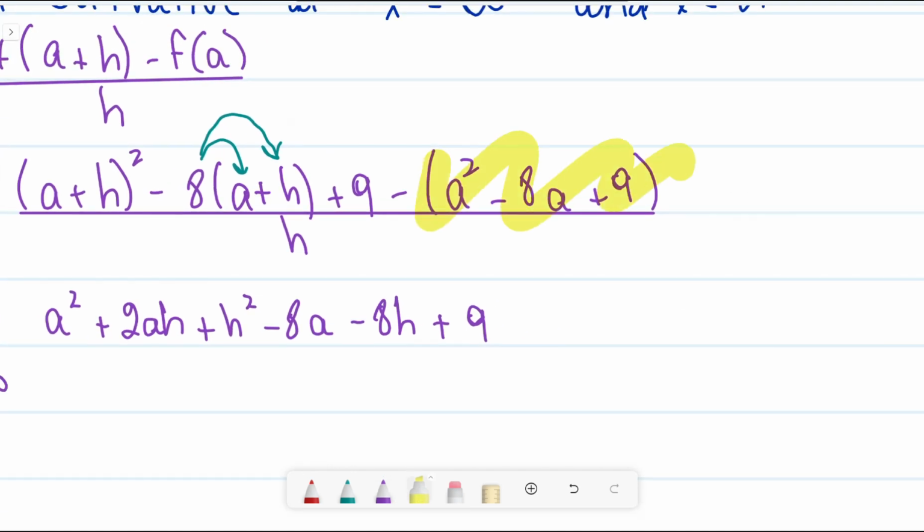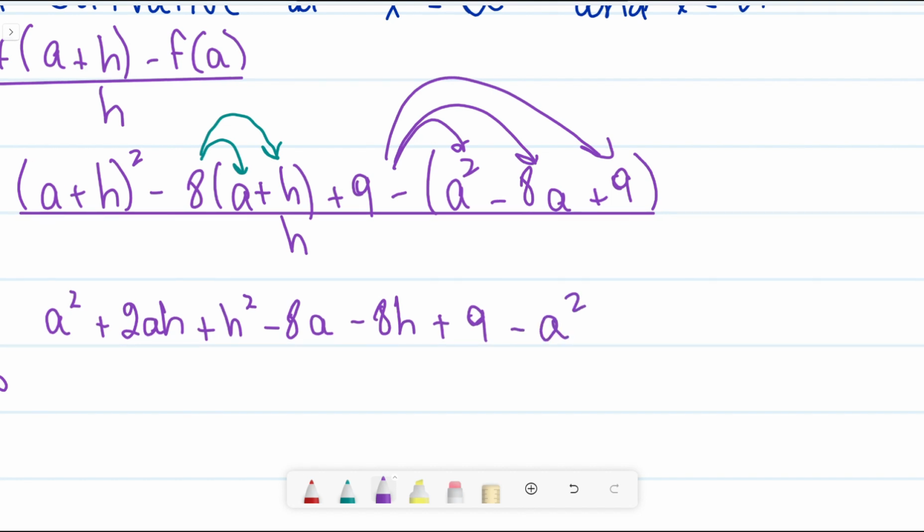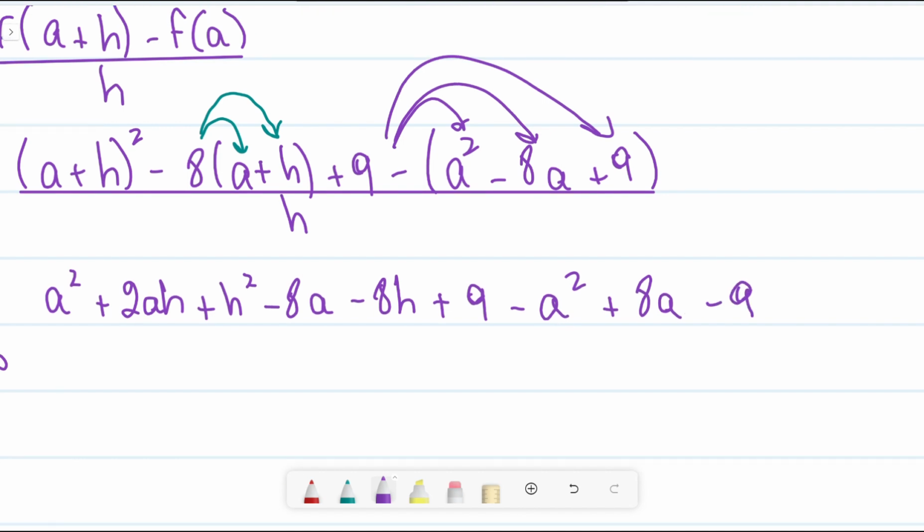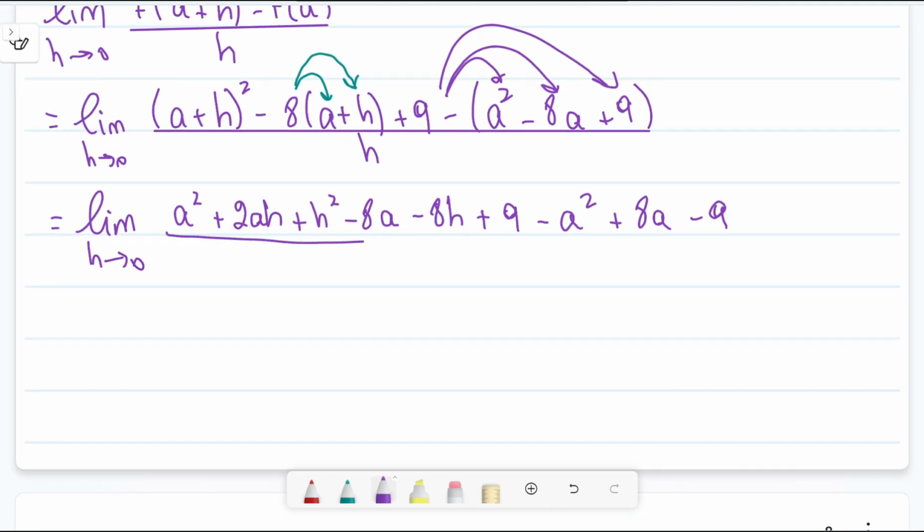And then from this last term, I make every term negative inside. So minus a squared, minus times minus is plus 8a, minus 9. All of this divided by h.